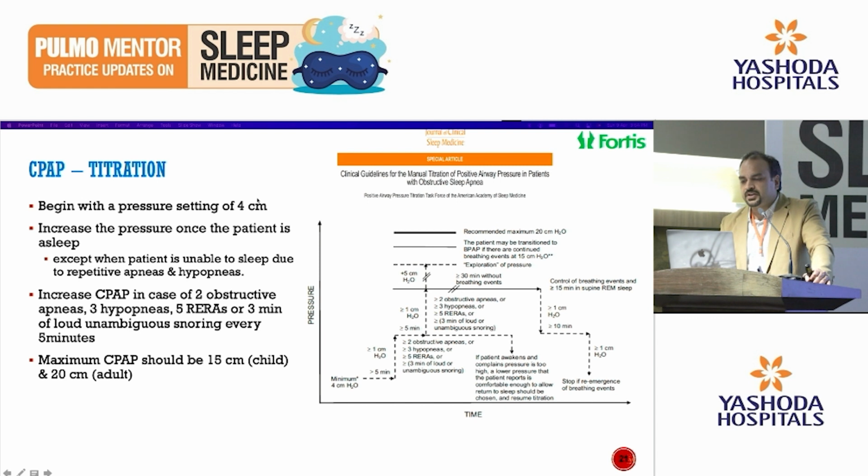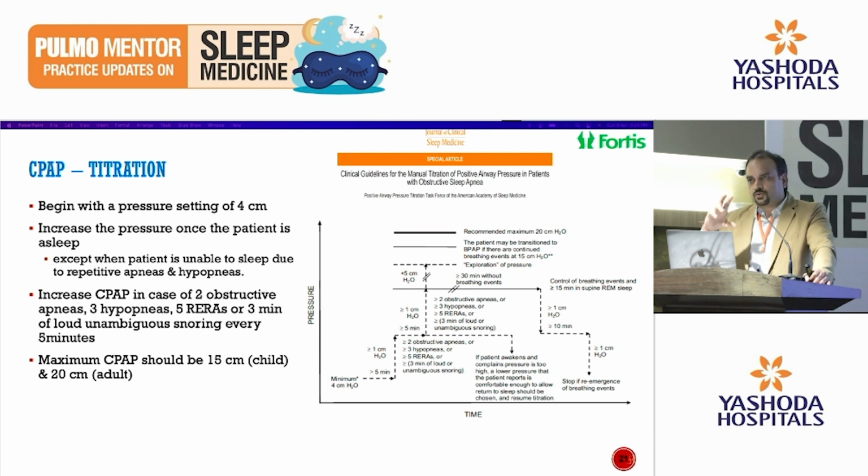You need to begin with 4 centimeter pressure and increase every 15 minutes till the time you abolish all the apneas, hypopneas, and RERAs. If there are 2 obstructive apneas, 3 hypopneas, 5 RERAs, or 3 minutes of snoring, you need to increase the pressure further. So this is how you titrate your patient.